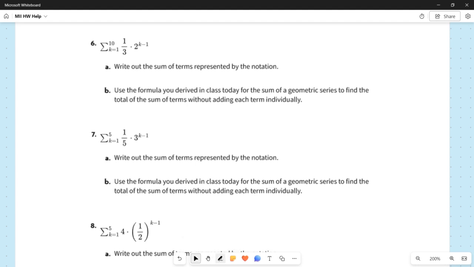So our sum, if you want to, you could rewrite the summation the way that it sometimes appears: the sum from k equals 1 to n of 1/3 times 2 to the k minus 1.